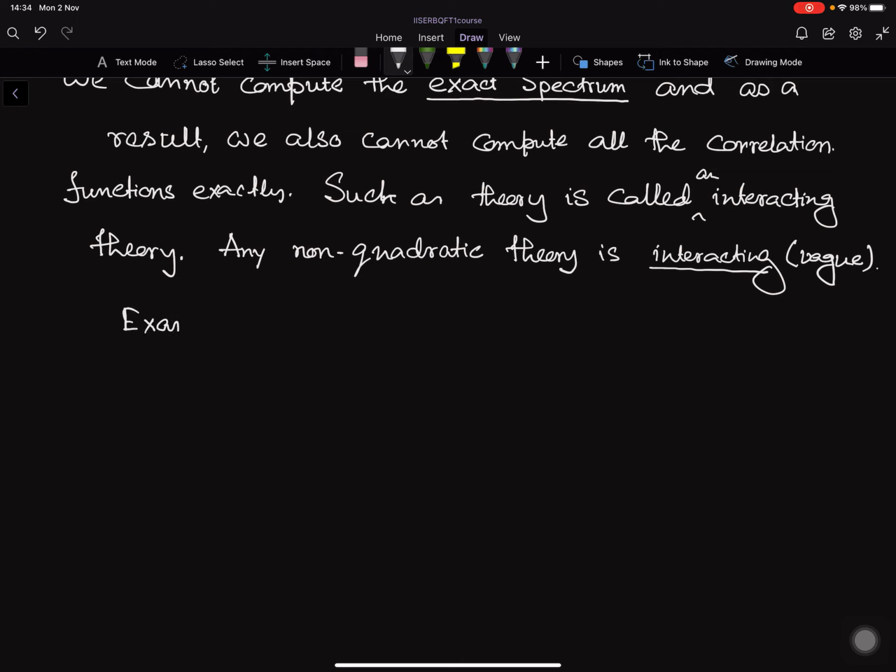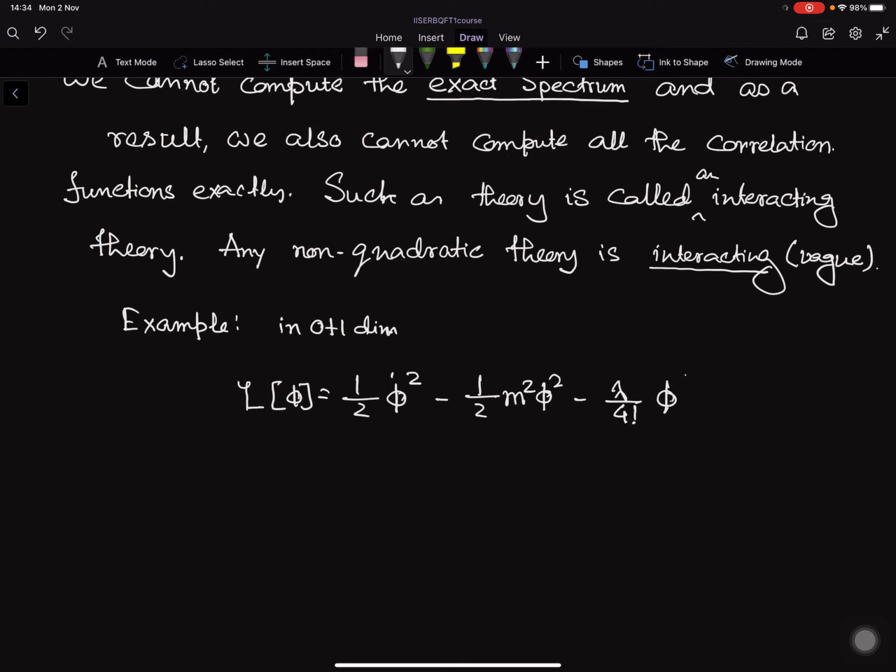So one example, in 0 plus 1 dimension, for example, consider half phi dot square minus half m square phi square minus lambda over factorial 4 phi to the power 4. Okay.